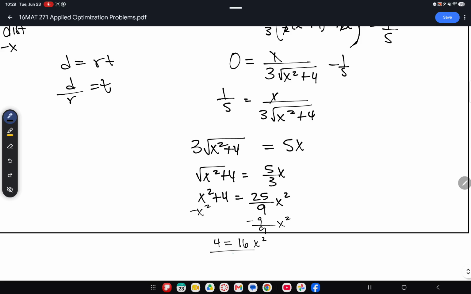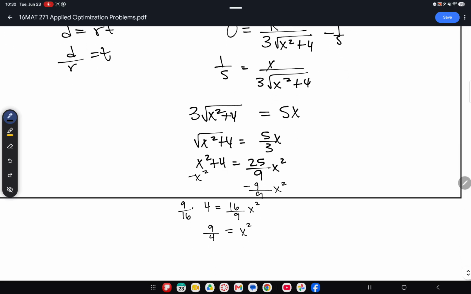And then divide both sides by 16. Gosh, I'm just making mistakes all over the place. I'm forgetting my over 9. Oh my lord. 16 over 9 x squared. And then multiply both sides by 9 over 16 so that I get x squared. And then that would be 9/4.